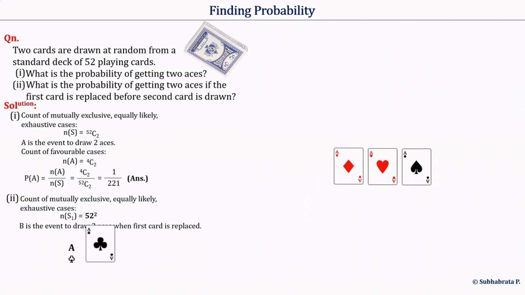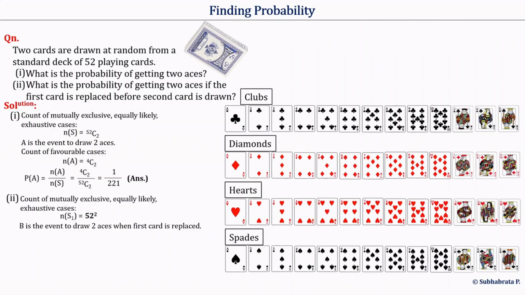Because of the replacement of the first card, the aces can be from the same suit like this. That means repetition is allowed in favorable cases as well. So we can arrange 2 out of these 4 aces in 4 to the power 2 ways when repetition is allowed. This is the count of favorable cases belonging to the event B.